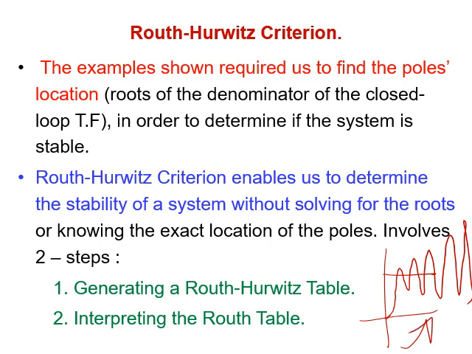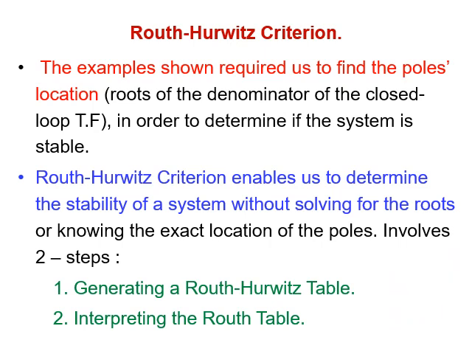Let us come now to the criterion which will test the system stability without doing the method mentioned earlier, because I think it's not practical to calculate the closed loop transfer function for any given system and get the pole locations. It is going to be a long process, especially if the system is higher order.